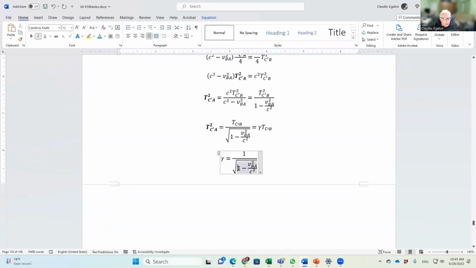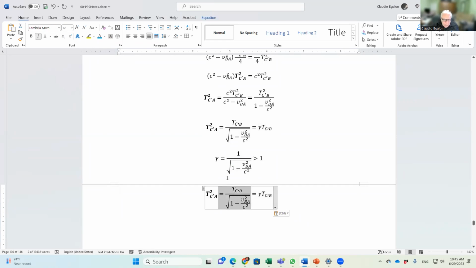This term here is less than 1. Consequently, this parameter here must be greater than 1. V is always less than C. If this term is less than 1, this ratio is going to be greater than 1.